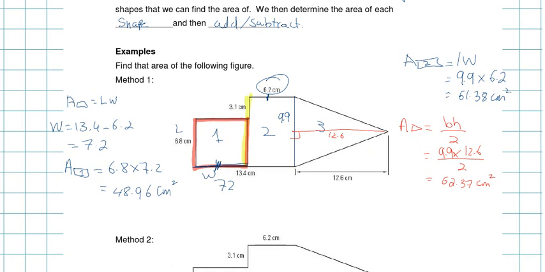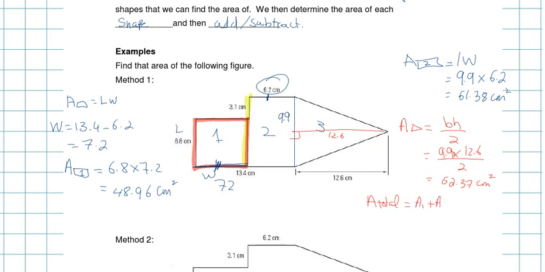Now to find the area of the total figure, you just have to add all of them together, because my shape is made out of all 3 shapes. When we get tested on it, it all depends on how the shape looks.